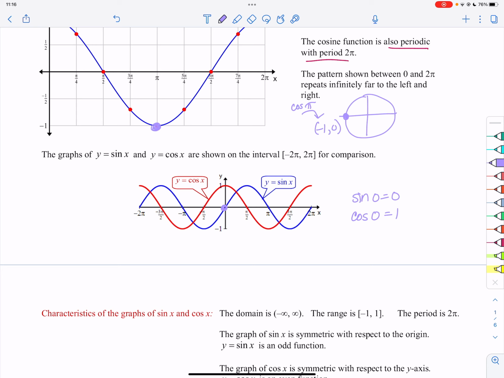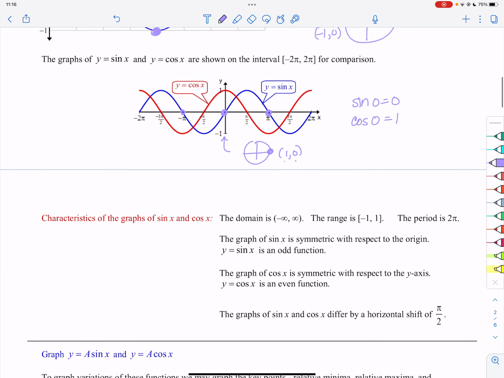Okay, that would be this point here if we would have 0 here. 1, 0. The cosine is 1, and the sine is 0. And you can do the same for any of these values at pi or at negative pi.